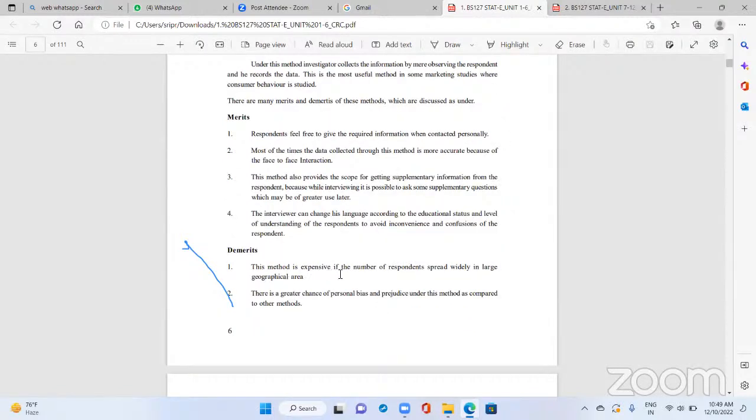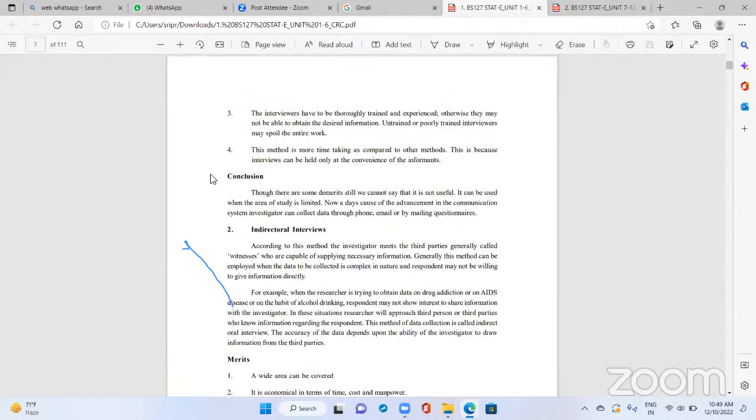This method is expensive if the respondents are spread widely over a large geographical area. Second, there is the greatest chance of personal bias and prejudice under this method as compared to other methods.